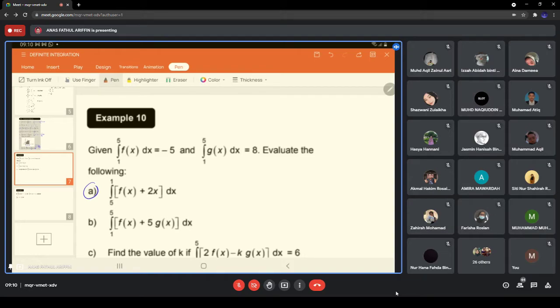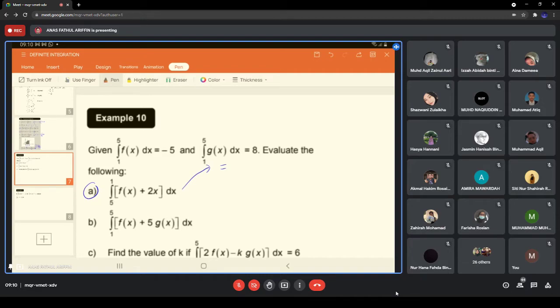Okay, so bila kita nak buat yang ni, first kali kita buat apa? Kita guna property mana ni? Kita guna property yang number 3. Property number 3 tu yang mana? Yang kita splitkan dulu. Kita boleh splitkan dia untuk integration ni.